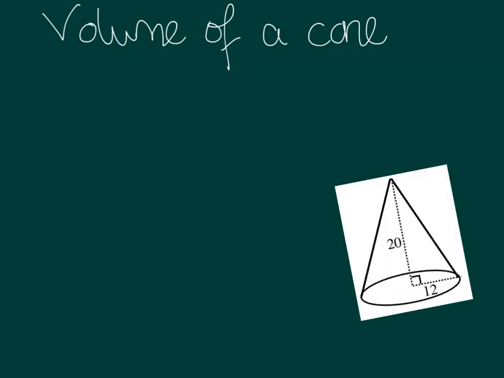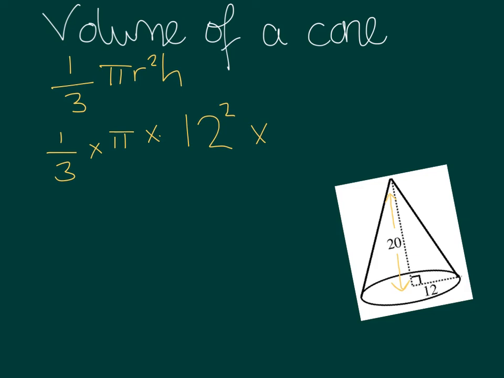And the last one is volume of a cone. So that's 1/3 pi r squared times the height. And the height, as you should be able to see on the picture from your formula, is the height going straight up perpendicular to the base at a right angle to the base. So it's this 20 here. So I've got 1/3 times pi times 12 squared times the height of 20.